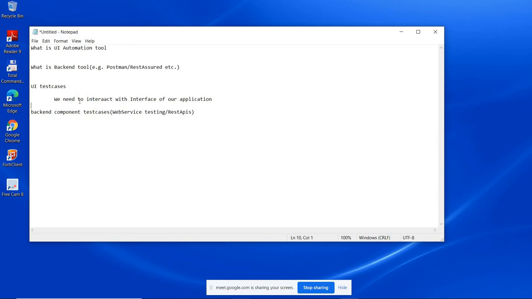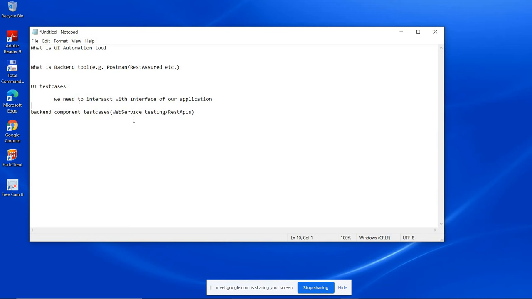And the test cases which we execute against the components of our application which don't have any UI to interact with are backend component test cases. So in short, we don't interact with any UI controls for running those test cases.